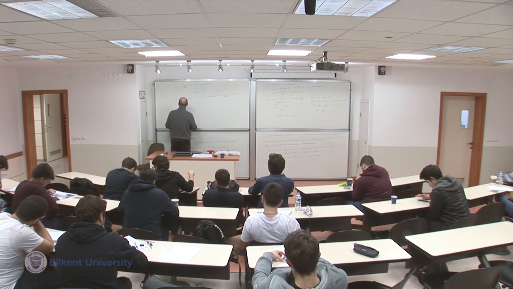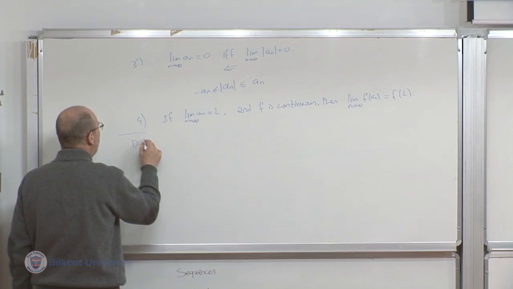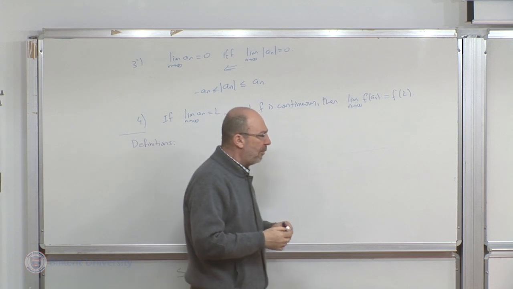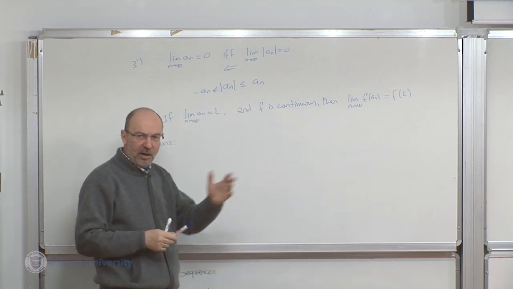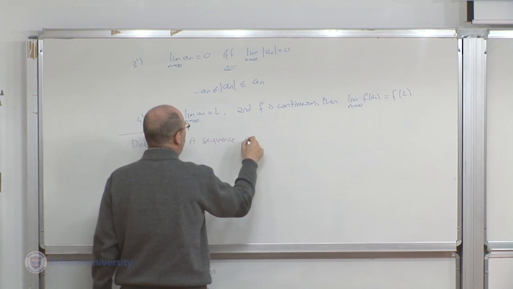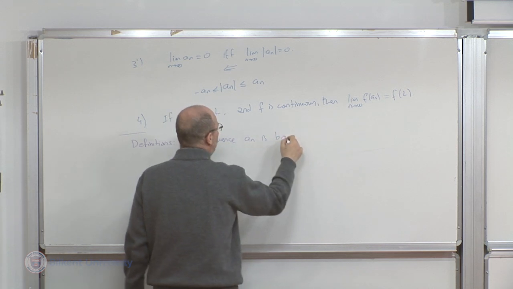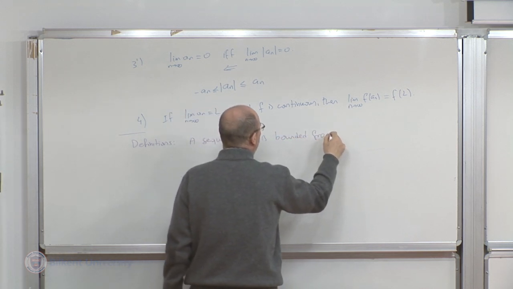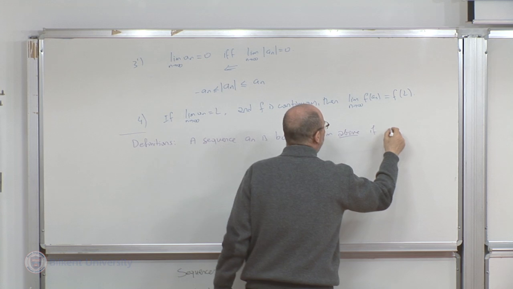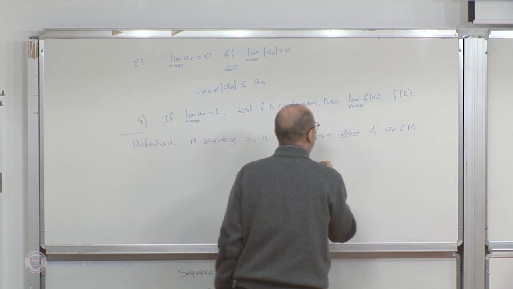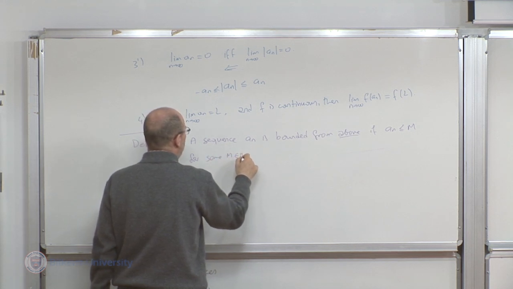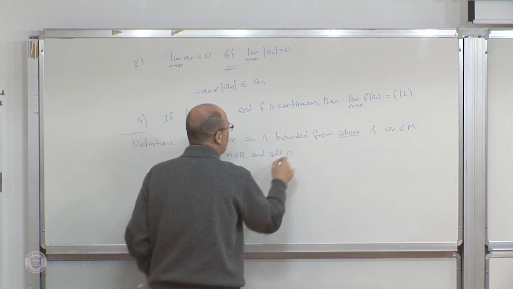Okay, so definitions again. We need these definitions because such sequences show up, and instead of describing them every time, we give a name to this. A sequence an is bounded from above if an is less than or equal to m for some m, a real number, and all indices n.